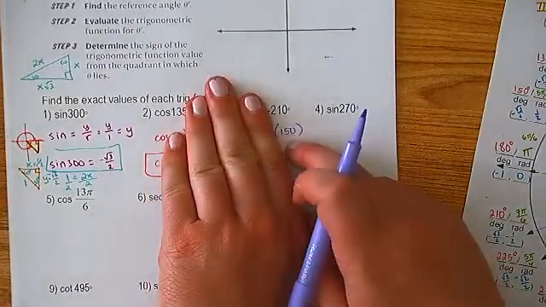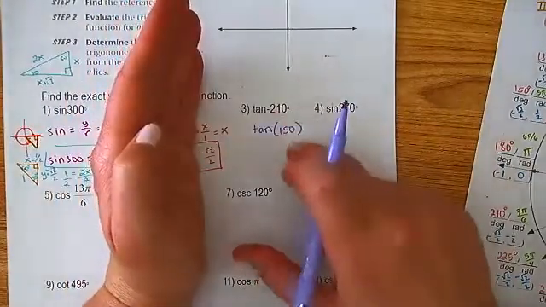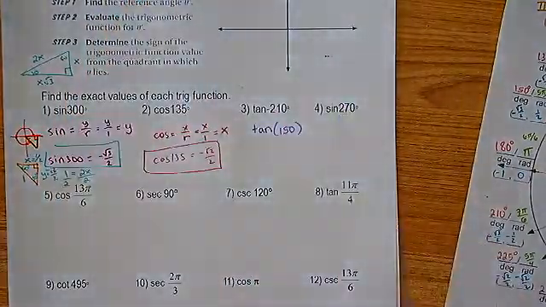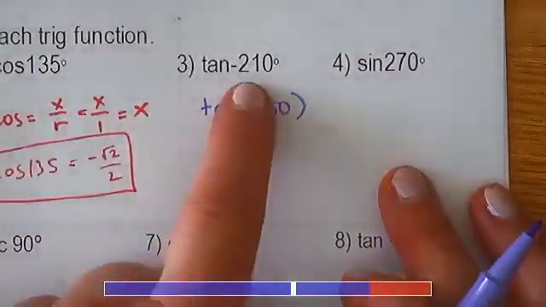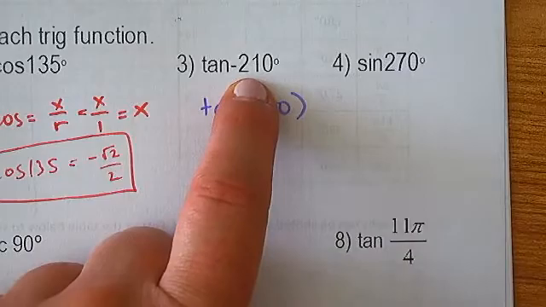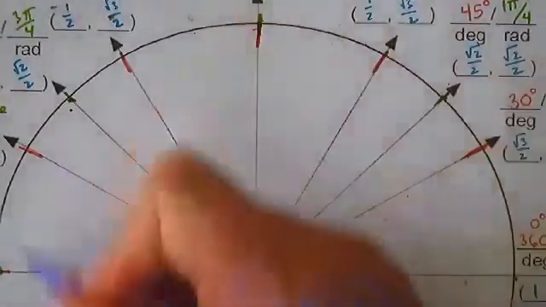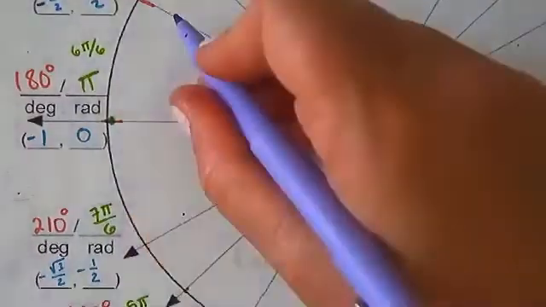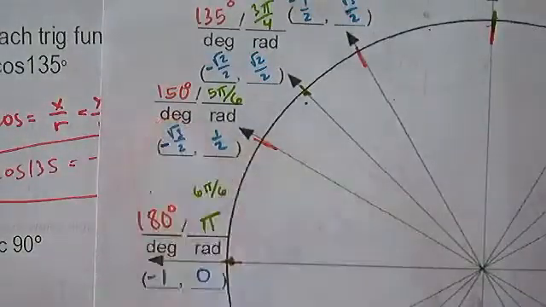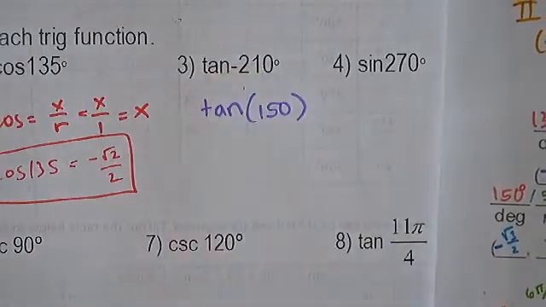Negative 210 and 150 are not equivalent. But on the unit circle, taking trig, they are equivalent. All right? So now that we've established where our negative degree is located, you don't want to go to this 210. That's positive 210. That's starting from here and going counterclockwise. We went clockwise, which is the same as 150. So let's find tan of 150, which is equivalent to negative 210.